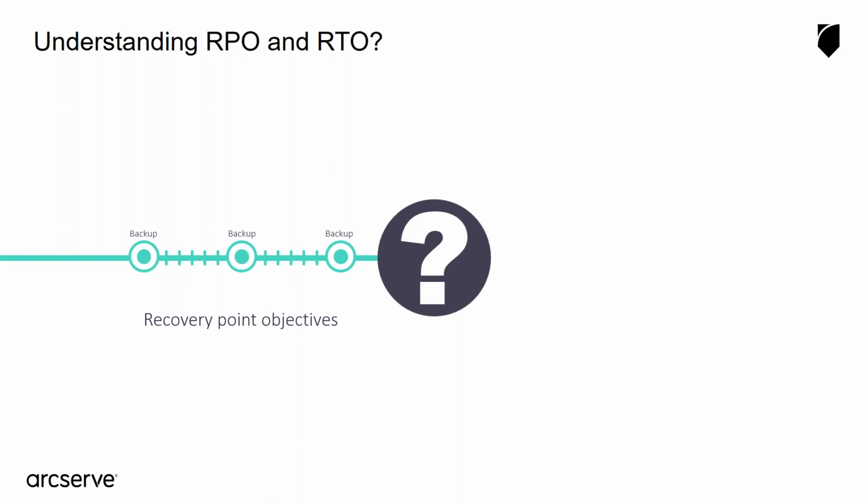So the RPO needs a lot of attention in understanding, with the business, if we had to recover these critical databases, how much data can the business afford to lose. What you think is acceptable versus what the business thinks is acceptable could be completely different.